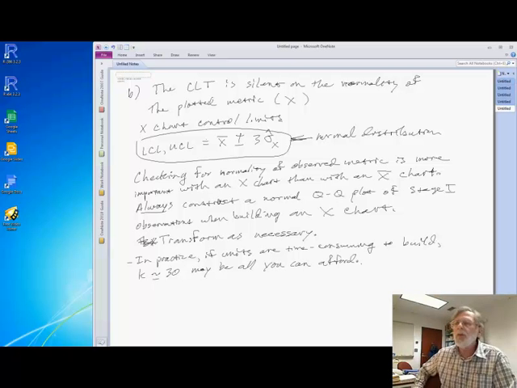But you certainly want to have more than 10 if you can get away with it. Okay. You're thinking, well, that's pretty simple. I don't see an issue there.